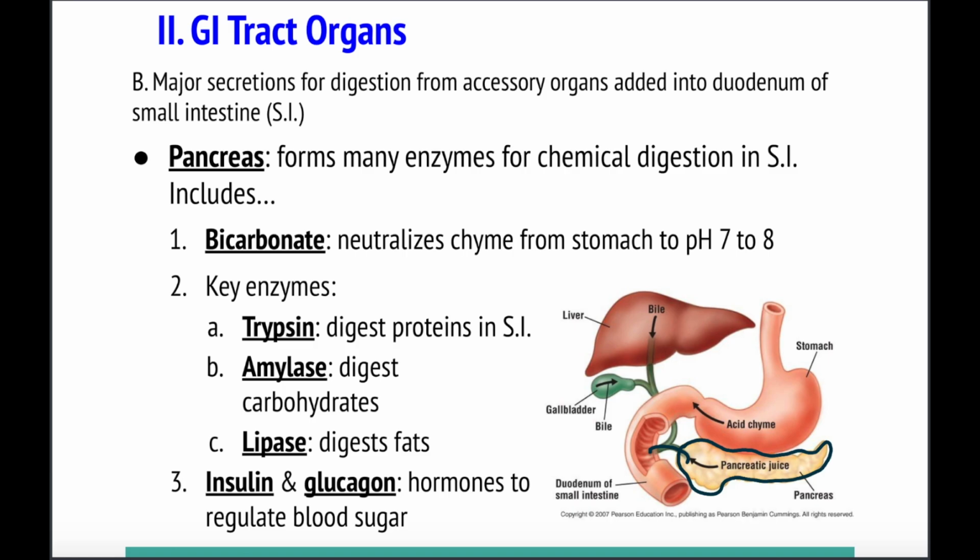Lipase is the enzyme that actually digests fat molecules into smaller molecules. So bile helps mix it so that lipase from your pancreas can digest it chemically. In addition to that, your pancreas also produces hormones called insulin and glucagon that regulate the blood sugar levels. So you may know of insulin. If you're diabetic, you have a hard time controlling your blood sugar, and oftentimes one of the reasons is because your insulin isn't working the way it should.